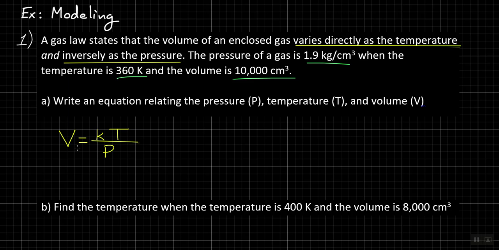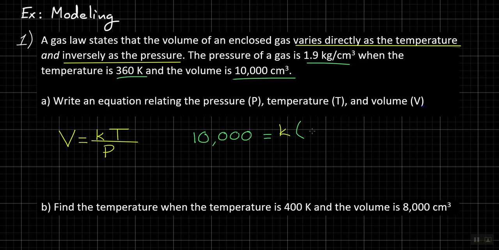What am I going to plug in for volume? 10,000, equal to, still don't know K, I'm going to keep it yellow, times, and I'm doing something that I don't like to do, but we'll talk about it.